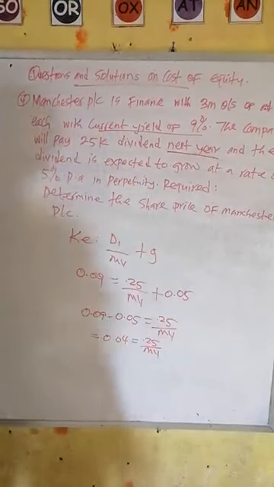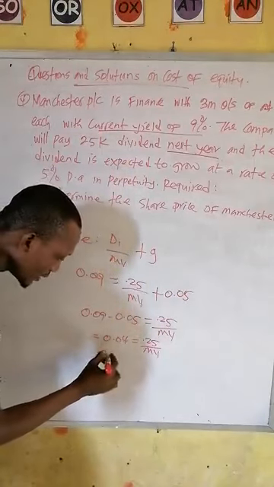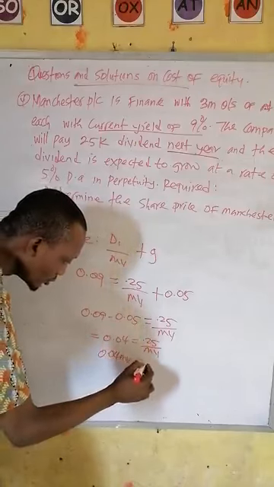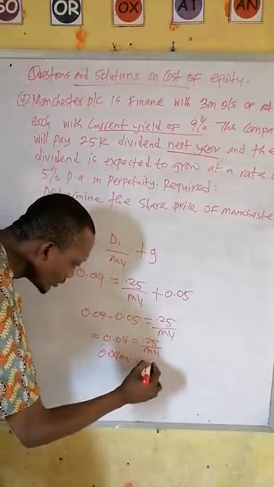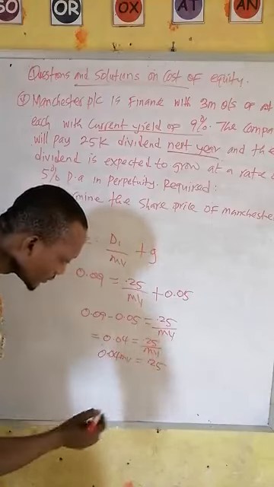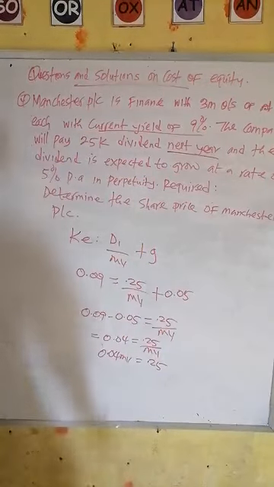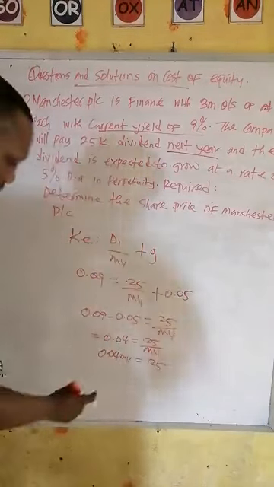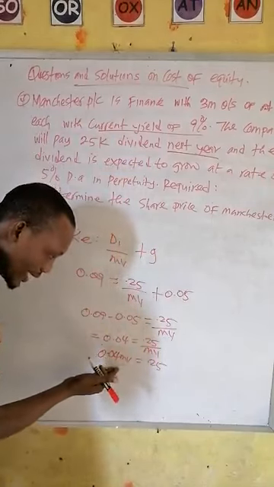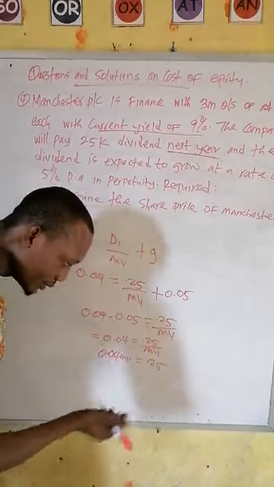So we now cross multiply. Multiplying this by this, we have 0.04 MV is equal to 0.25. Looking for market value, so you divide by the coefficient of market value on both sides.